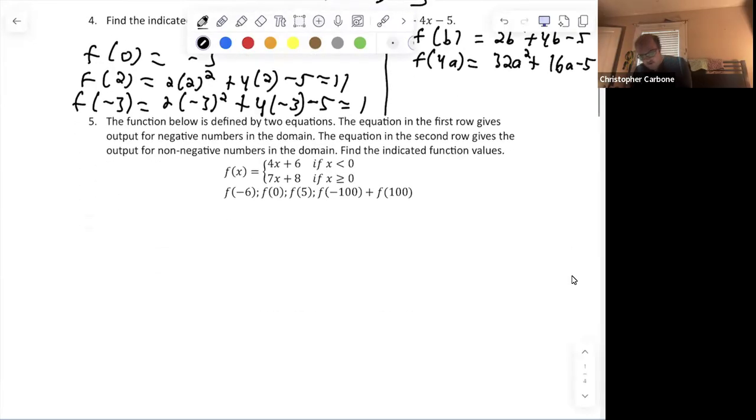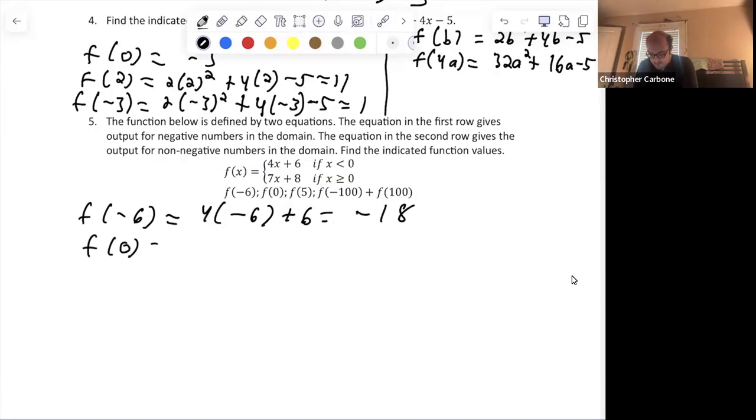Number 5, I give this piecewise function, and I want to find its indicated values. So f of x is equal to 4x plus 6 if x is less than 0, 7x plus 8 if x is greater than or equal to 0. We want to find f of -6. So our top equation, 4 times -6 plus 6, -24 plus 6 will make -18.